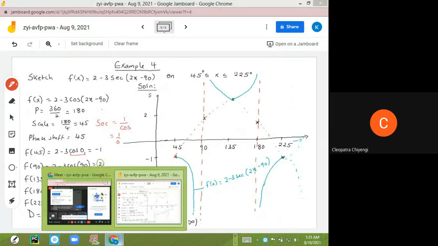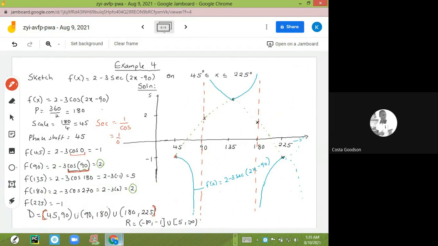Could you repeat what you just explained, so that for him to get it, I think I might also get it. What's your question? I also don't get why the sine graph has an asymptote at 45.